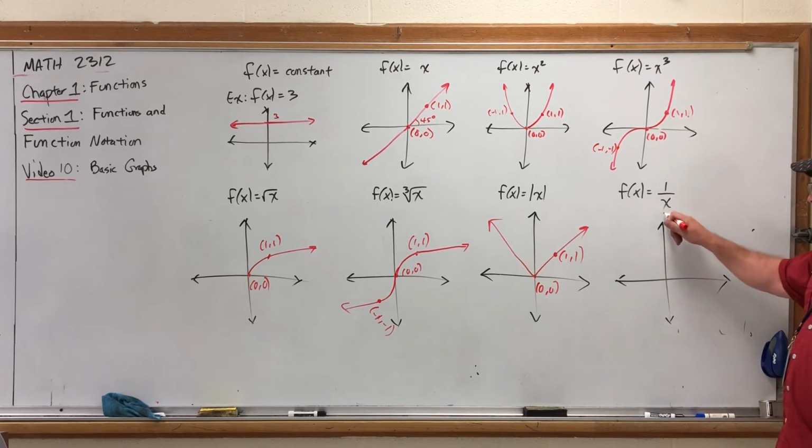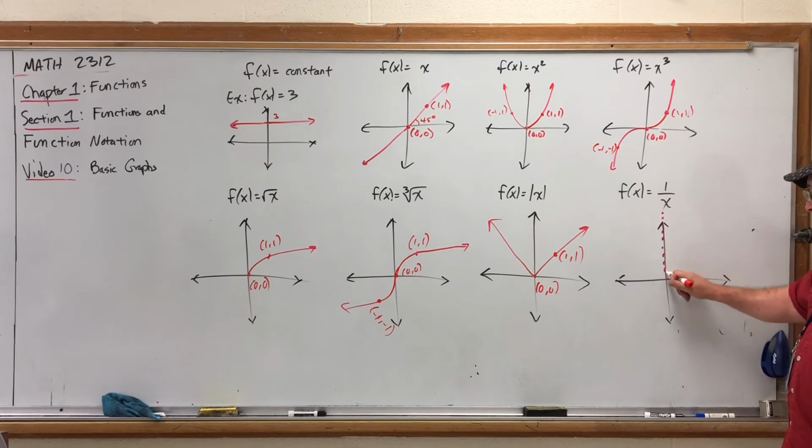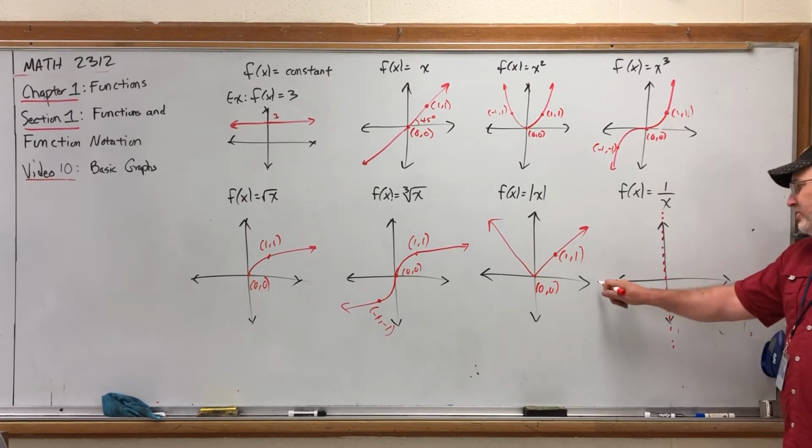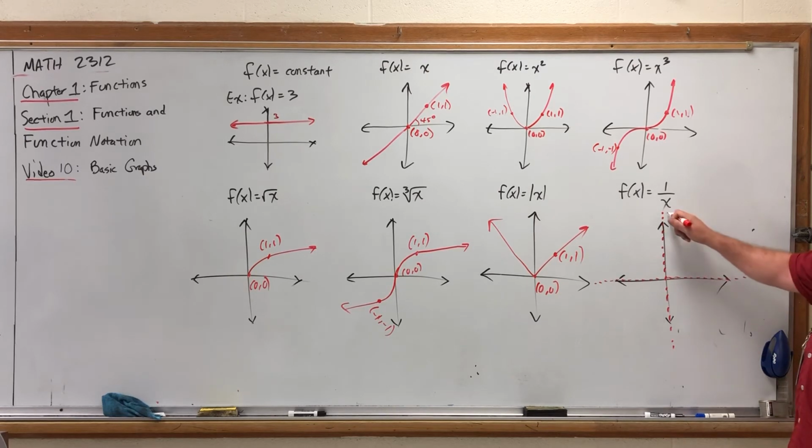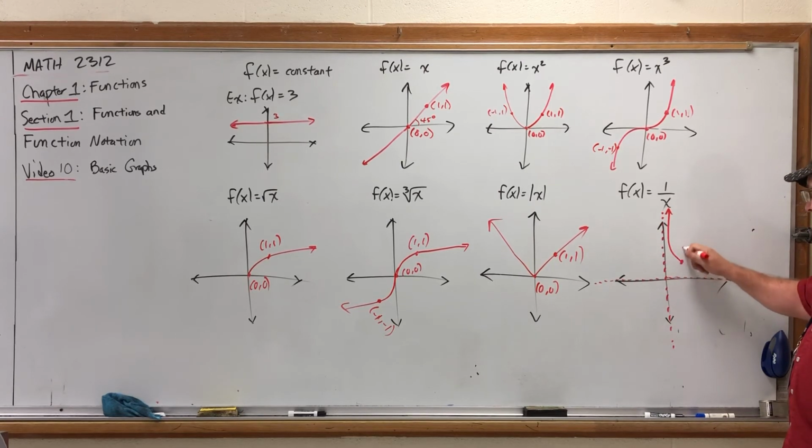Because we can't put 0 in, I'm going to draw a vertical line right down the middle on the y-axis. Because we can't get 0 out, I'm going to draw a horizontal line through y equals 0, in other words, the x-axis. There's one branch in quadrant 1 that starts really high close to the y-axis, plummets down, goes through the point, you guessed it, (1, 1), and then as it keeps going, it gets closer and closer to the x-axis without touching it.